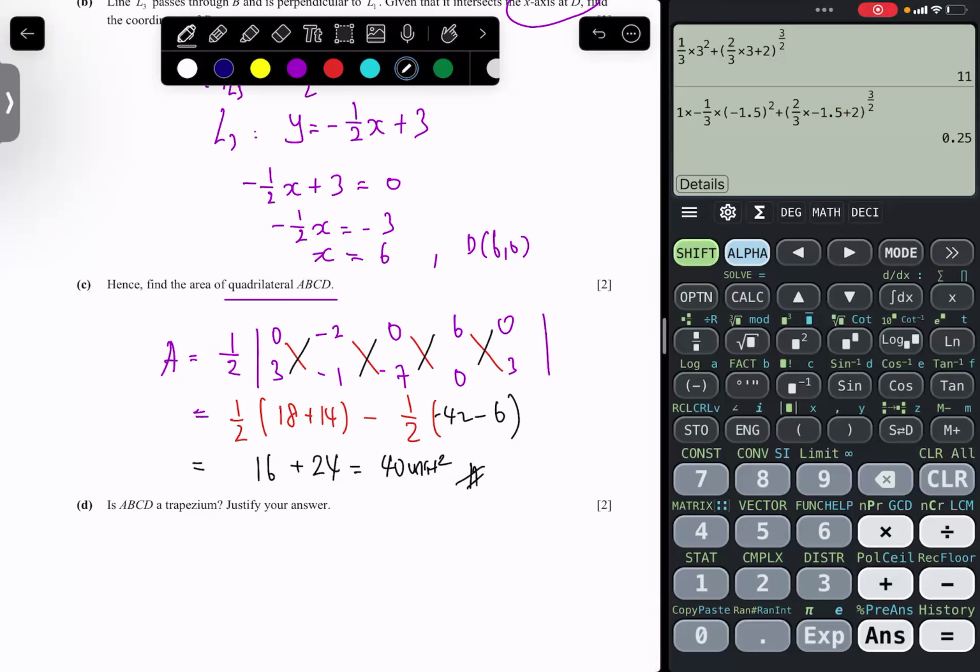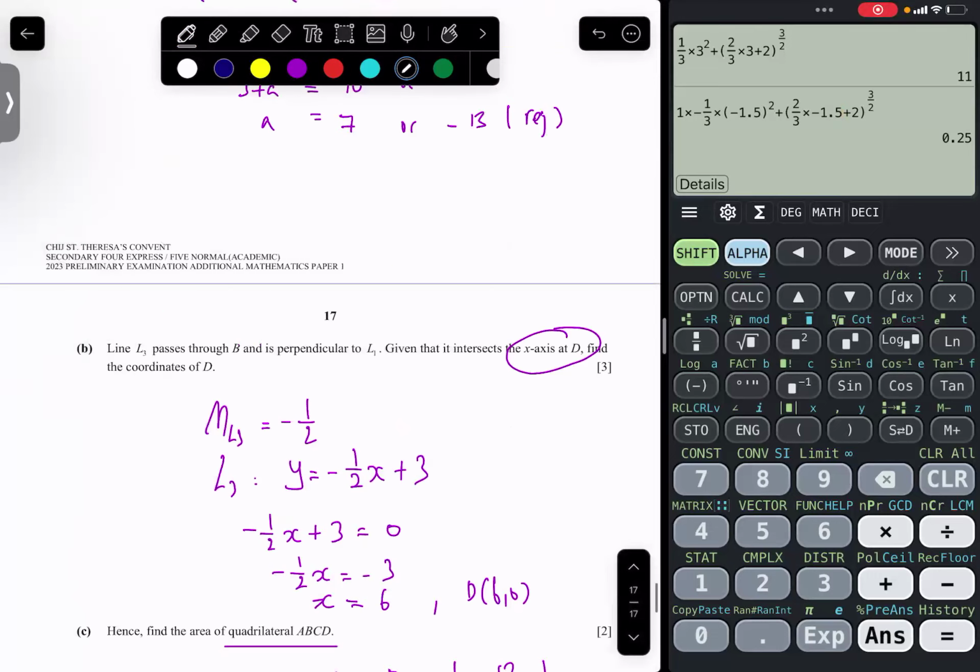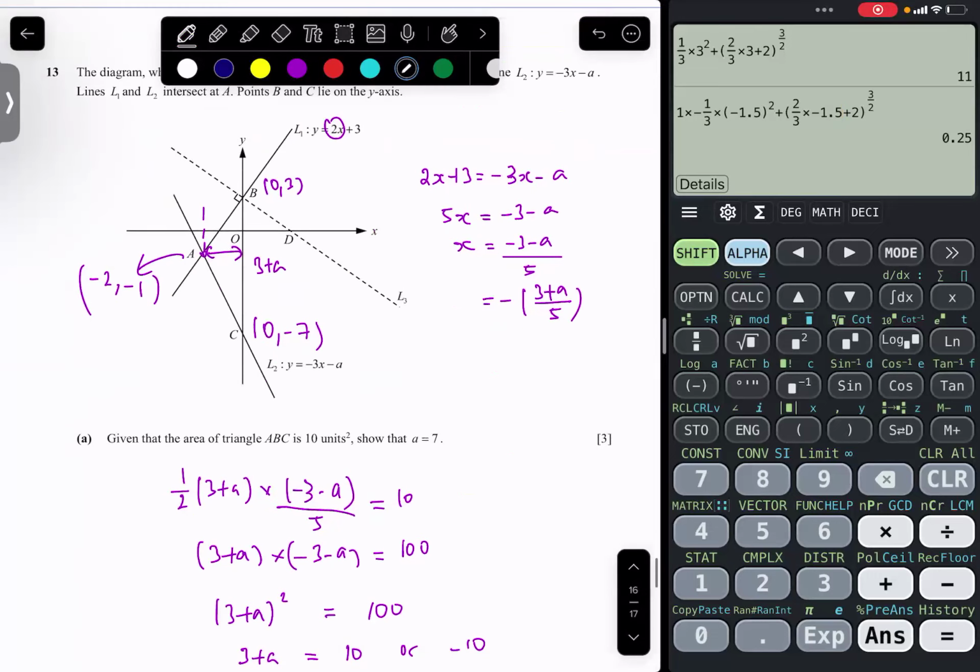Is ABCD a trapezium? Justify your answer. Let's take a look again. A, B, C, D, it goes like this. If this was a trapezium, then line L3 is -1/2 x, so it's definitely not BD and AC.